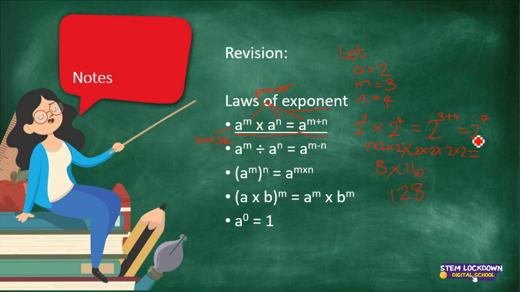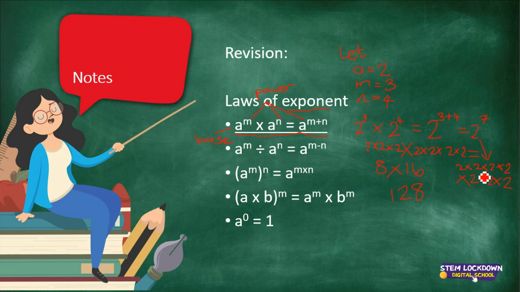By the way, you don't need to do the step. So this is 2, 1 times 2 times 2, that is 3, times 2, that is 4, times 2, that is 5, times 2, that is 6, times 2, that is 7, right?